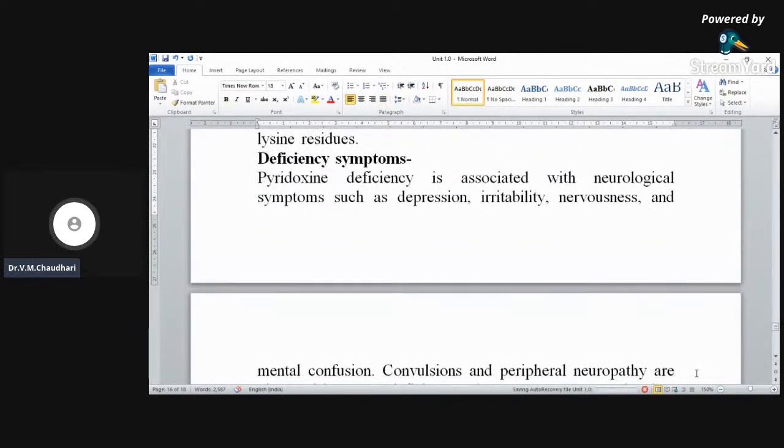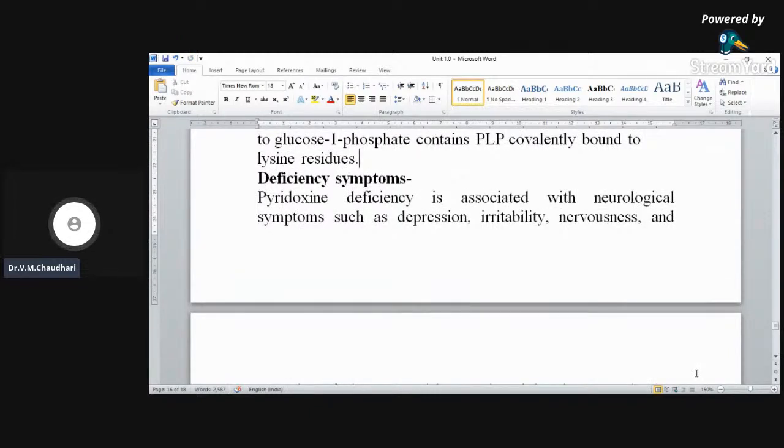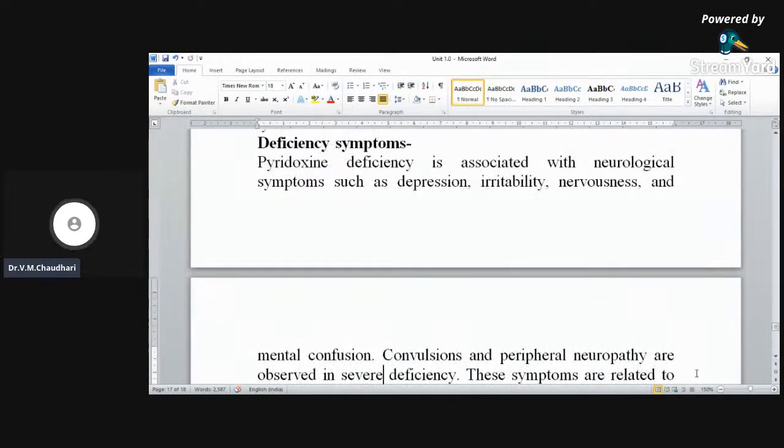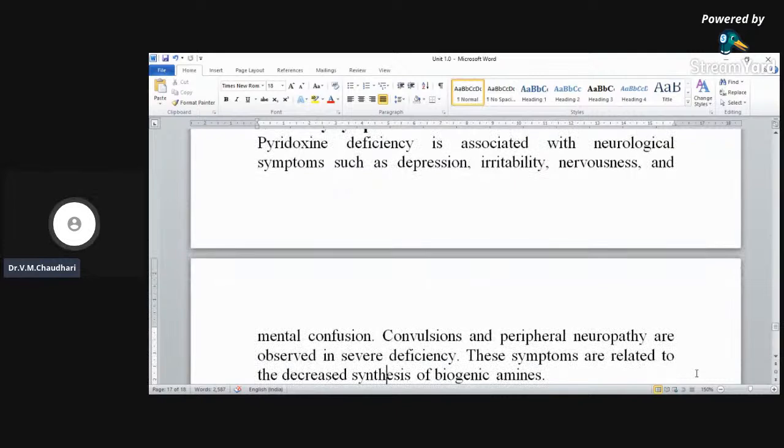Now, what are the deficiency symptoms? Deficiency symptoms of pyridoxine include neurological symptoms such as depression, irritability, nervousness, mental confusion, convulsions, and peripheral neuropathy, which are observed in severe deficiencies.